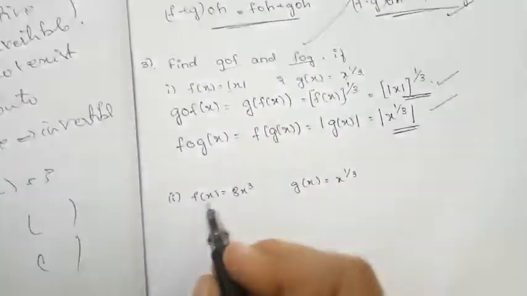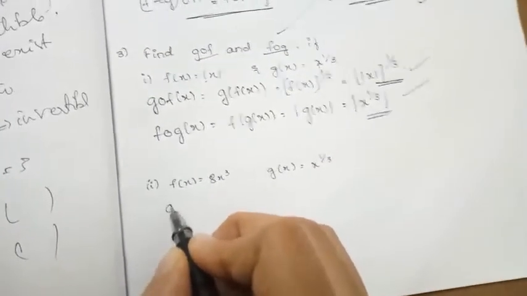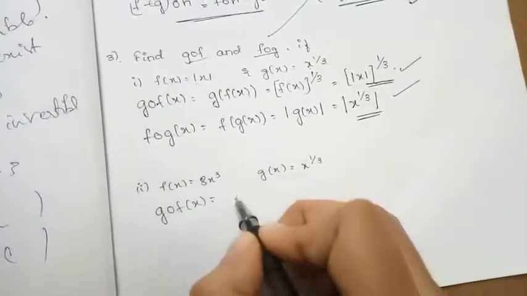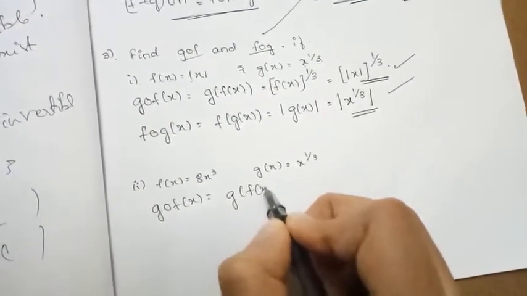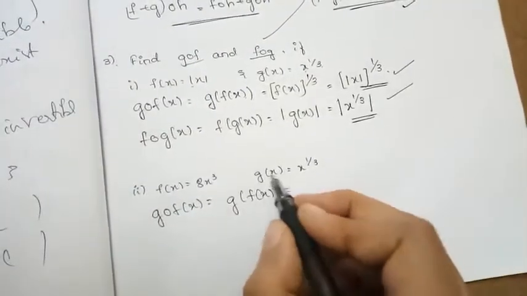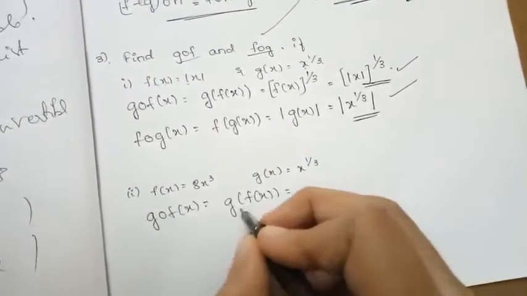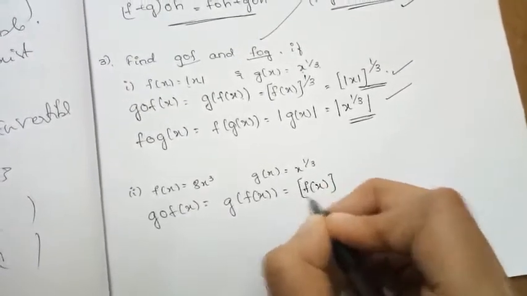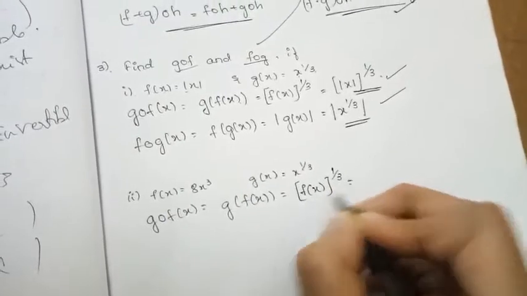Similarly, the next question, here also we need to find g∘f and f∘g. First, (g∘f)(x), that is g(f(x)). g(x) is x to the power 1/3. g(t) means t to the power 1/3. So g(f(x)) means f(x) to the power 1/3. What is f(x)?